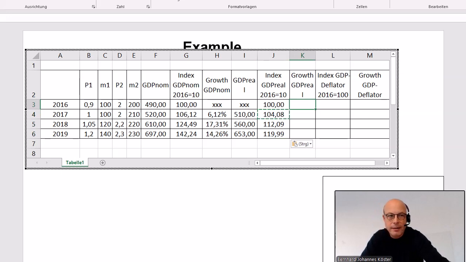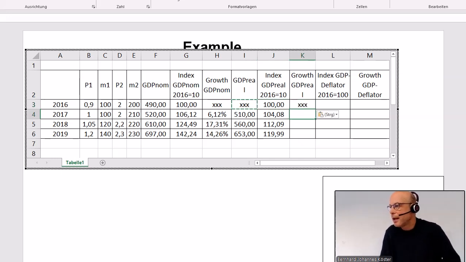Real growth rate of 2016. Well, we would need the number of 2015. It's not possible. And here now you can really just apply what you have learned in general about a growth rate. This is always the same.